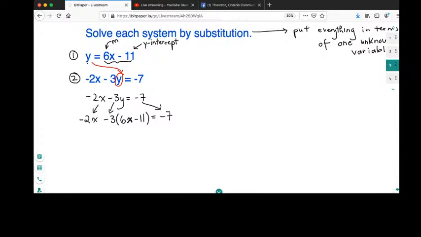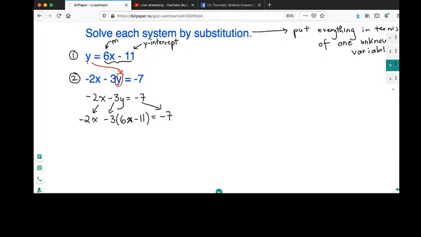And that's what they mean by substitute. They're saying instead of saying y, use another term for it. So it's kind of like how you pick something out of the thesaurus to mean the same thing. So it's like a synonym. So instead of saying y, the synonym of y is 6x minus 11.